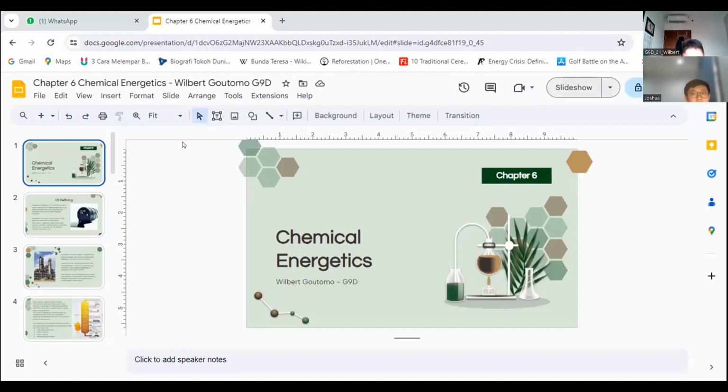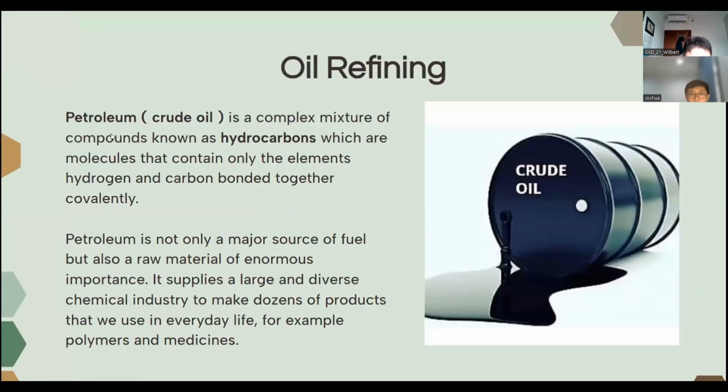Okay, so this is my presentation about chemical energetics. Petroleum oil refining. Crude oil is a complex mixture of compounds known as hydrocarbons, which are molecules that contain only the elements hydrogen and carbon bonded together covalently.